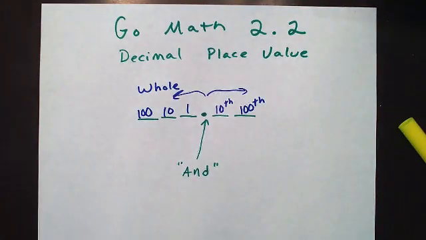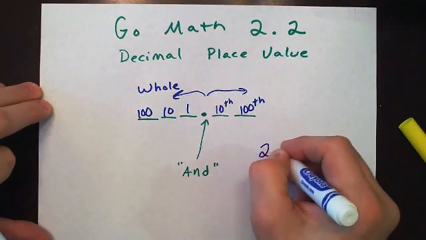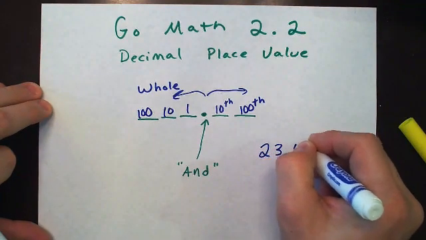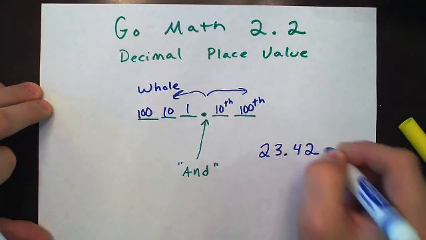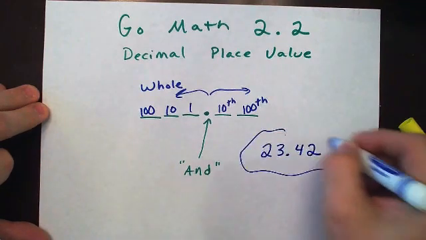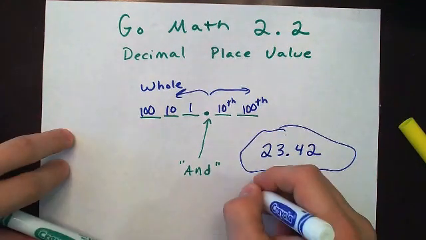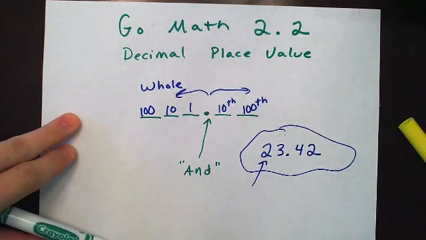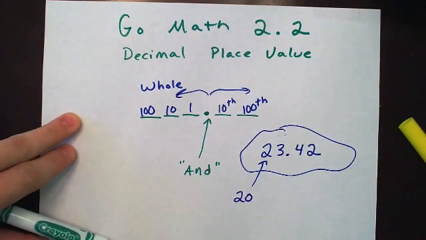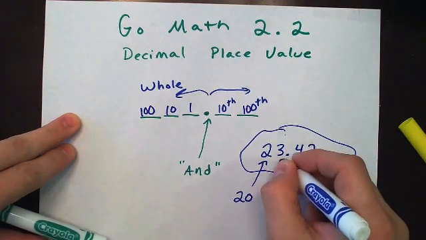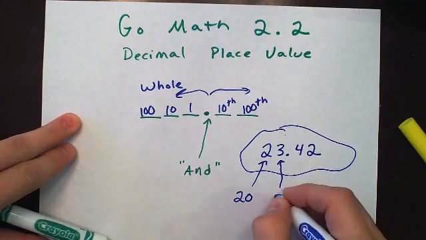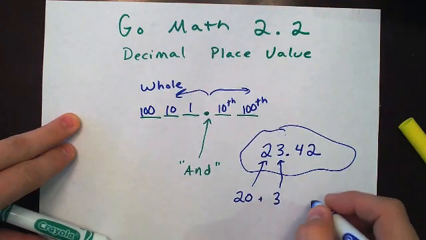So, for example, if I write the number 23 and 42 hundredths, and I ask you what the value of each of these digits are, the value of this digit right here would be worth 20 wholes. The value of this digit right here, 3, would be worth 3 wholes.